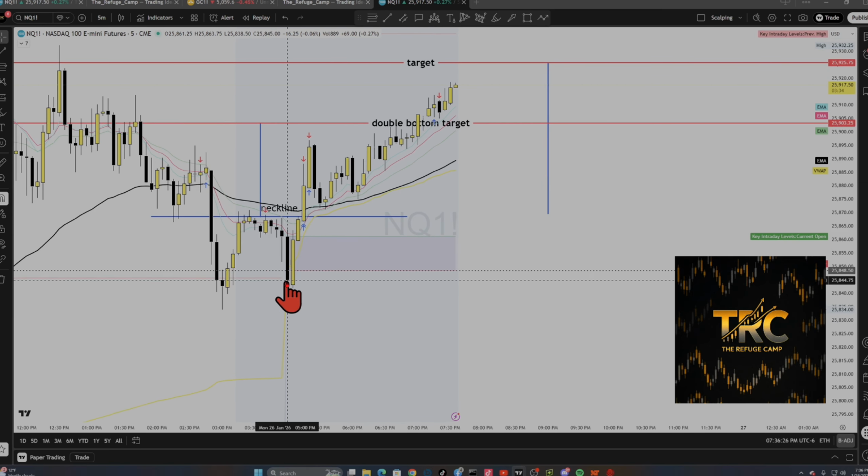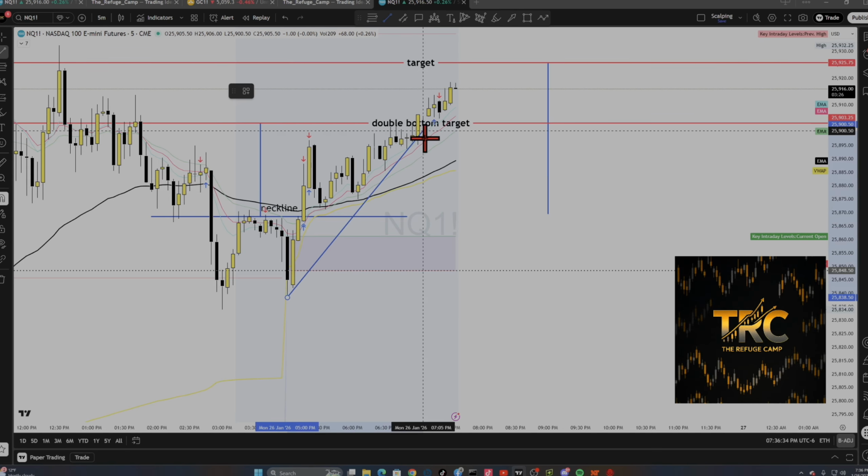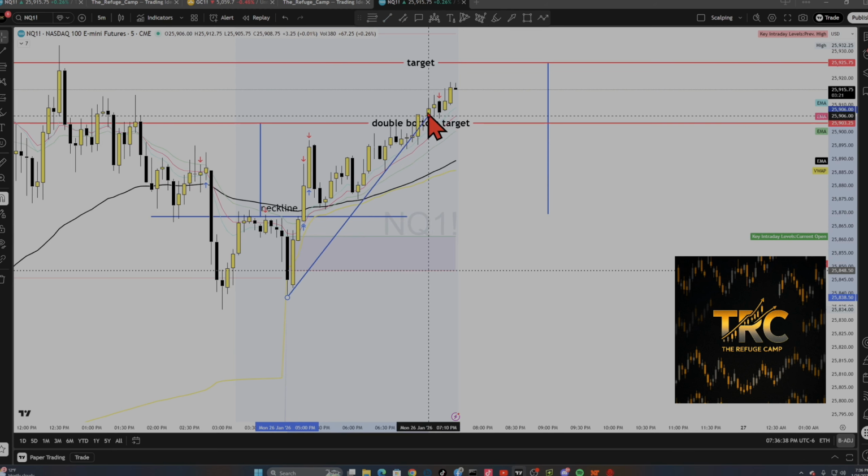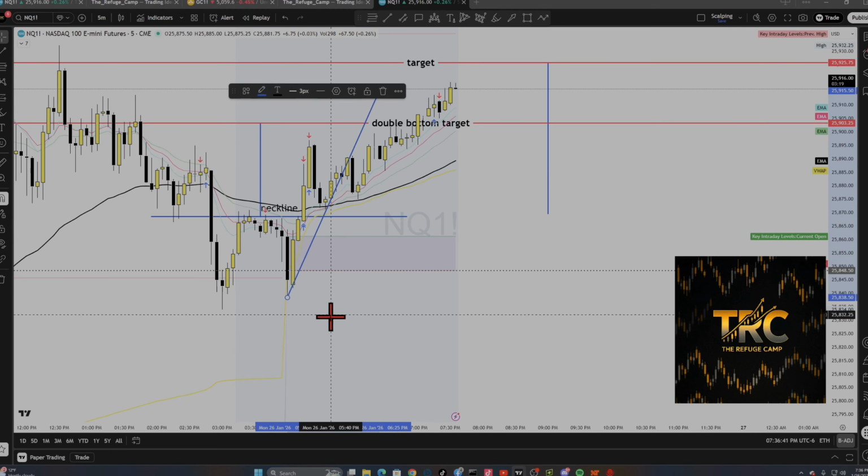When I'm trading this, before any of this happens on the chart, I also use a trend line very much like this. And in this case, it would have been very much like this.